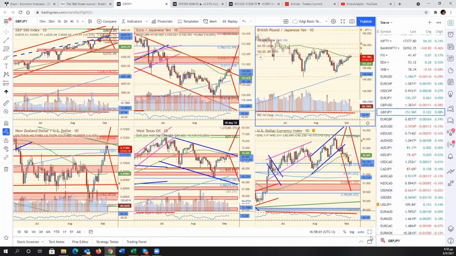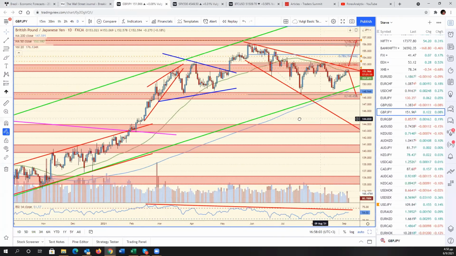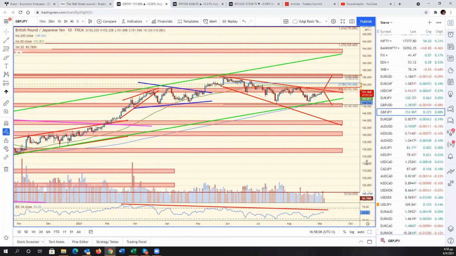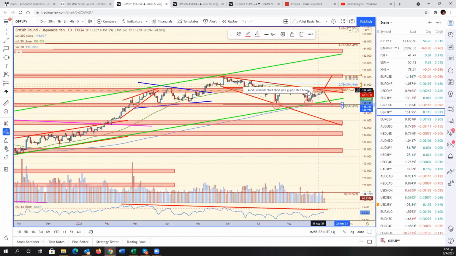You'll notice that it's very, very similar, with one twist here, that we've had the following divergence. As the euro yen was producing a lower low, the pound yen didn't. It produced a higher low. But if you focus only on the trend line resistance, we're more or less there as well.